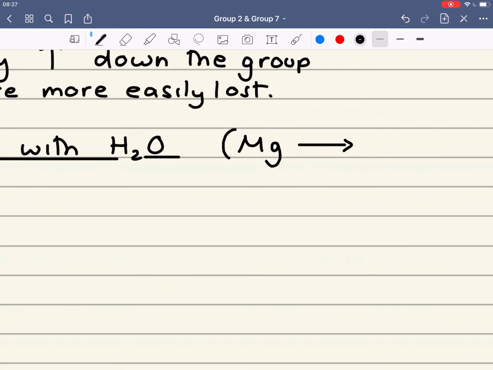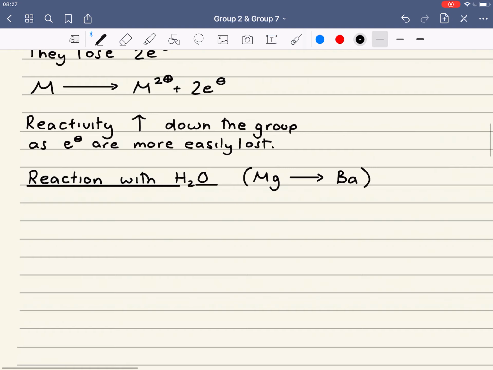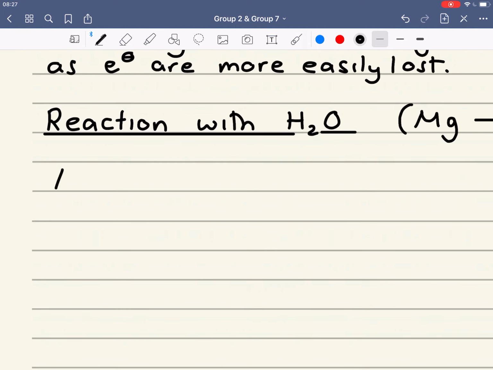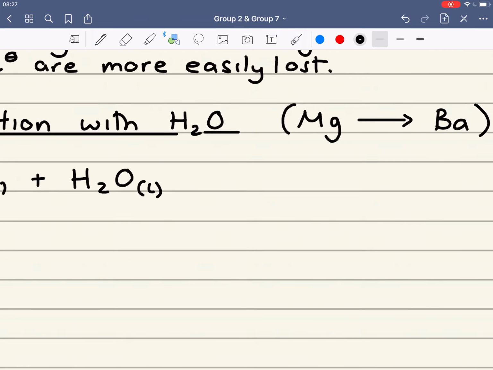We don't tend to look at beryllium in any of these examples from now and any other future video. It's usually magnesium to barium. Now M represents any metal, magnesium through to barium, that reacts with H2O liquid, water.